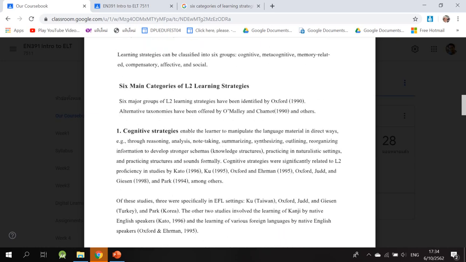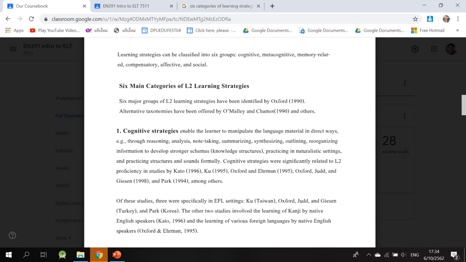Let's look at number 1. The cognitive strategies will enable you to manipulate the language material in direct ways, for example, through reasoning, analysis, note taking, summarizing, synthesizing, outlining, reorganizing, putting words into groups.